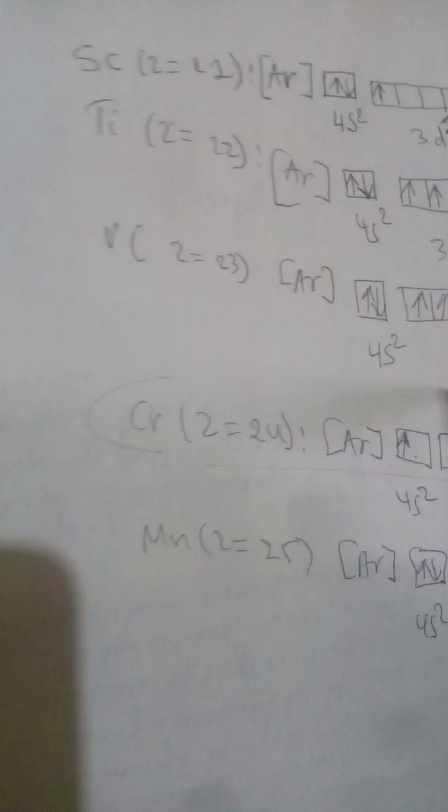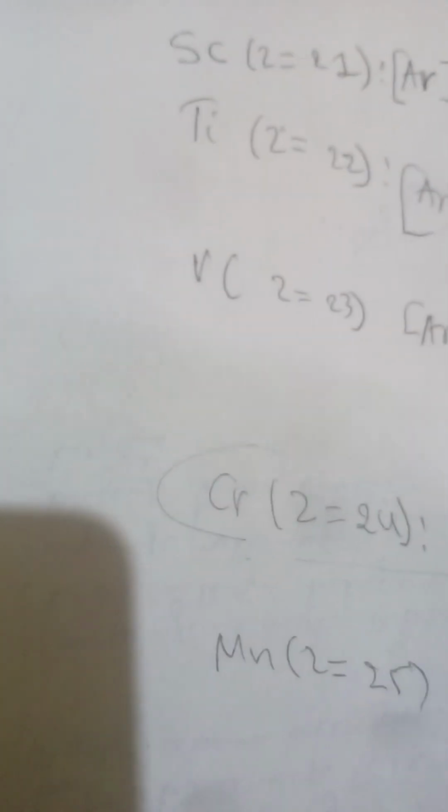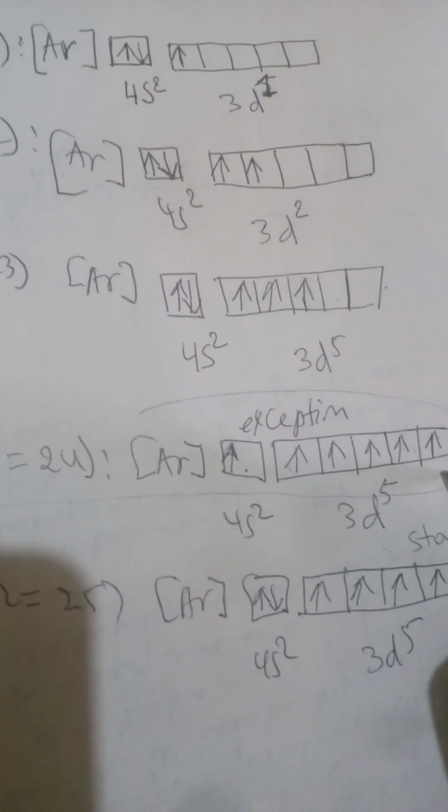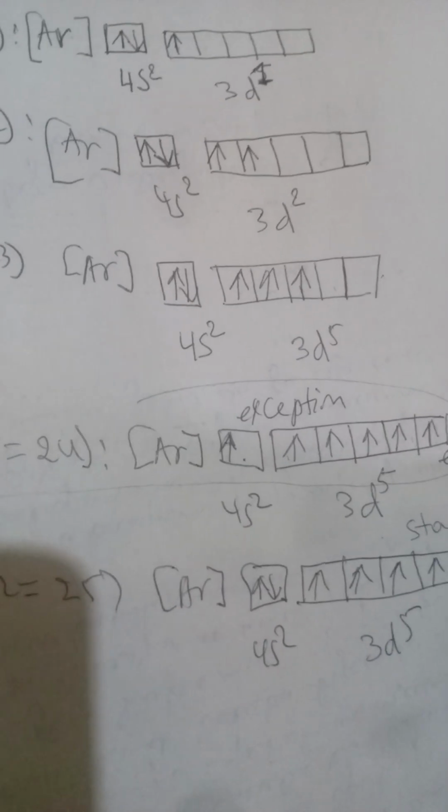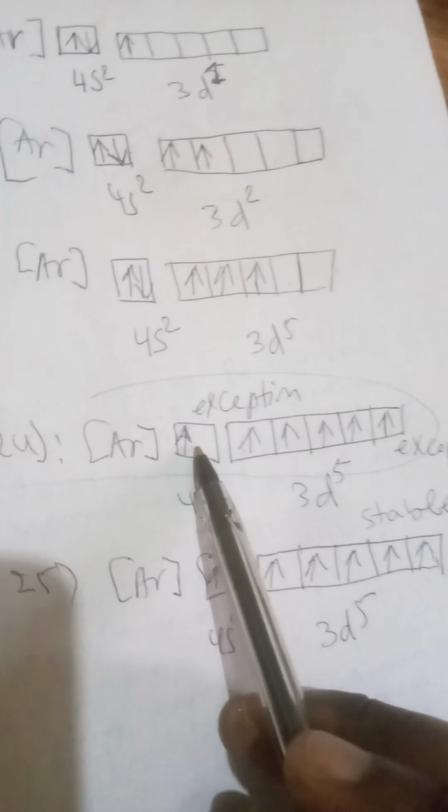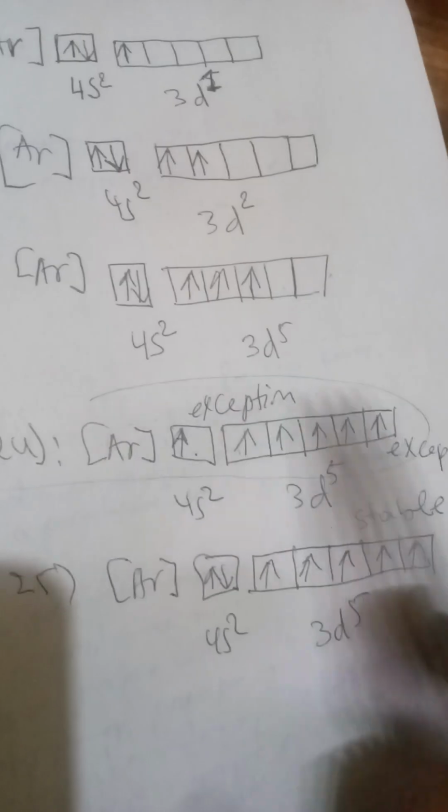Thank you very much. You find that this chromium has an exception of having 1 electron here, and here also it is an exception because the electron which must be here is placed here to allow 3D to be stable.